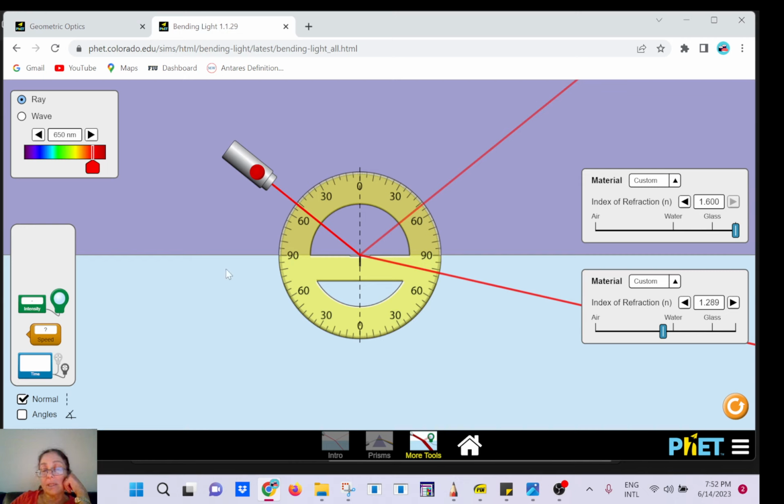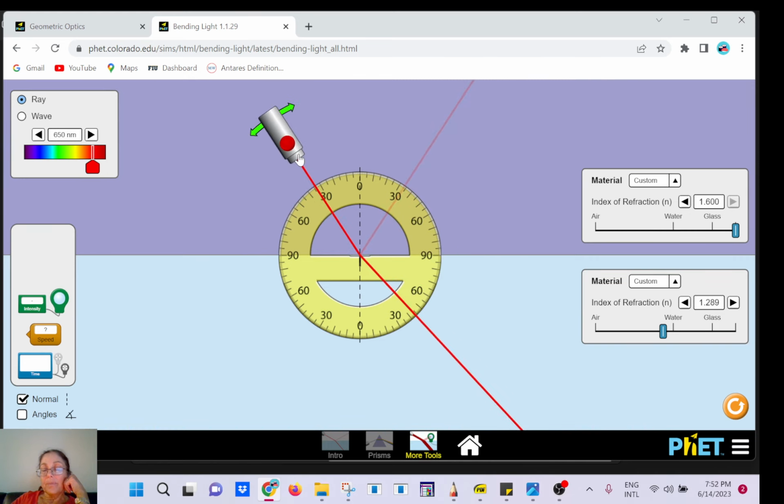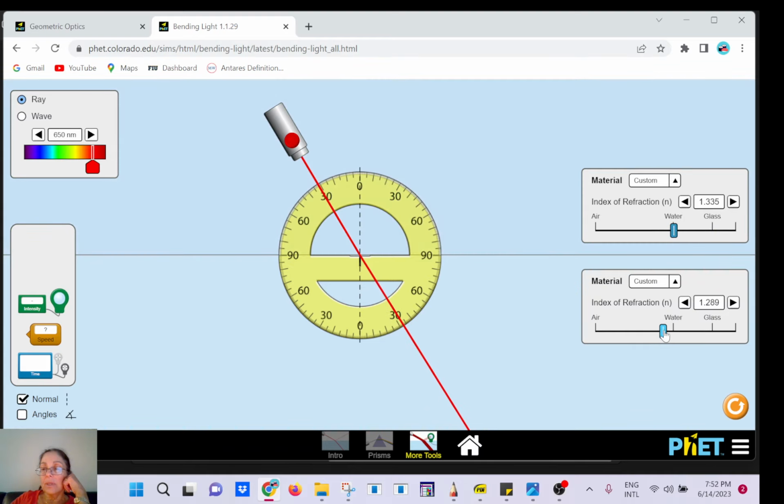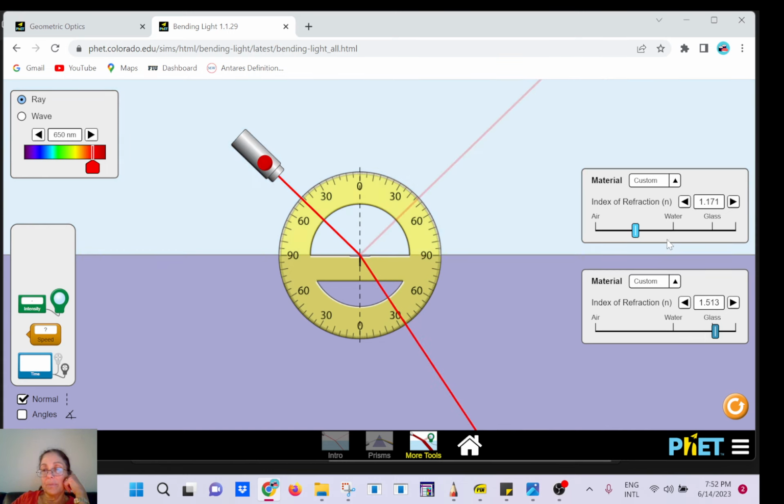Okay, so remember that if there is less contrast, then there will be less refraction. Even if you go from water to glass, you go from fast to slow, you see there is less refraction relative to, for example, if you go from air.